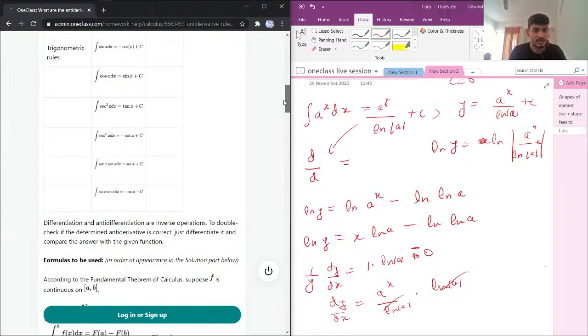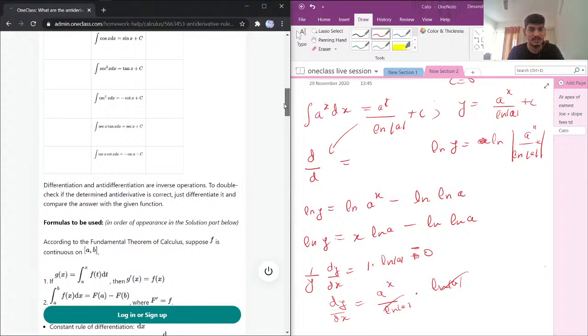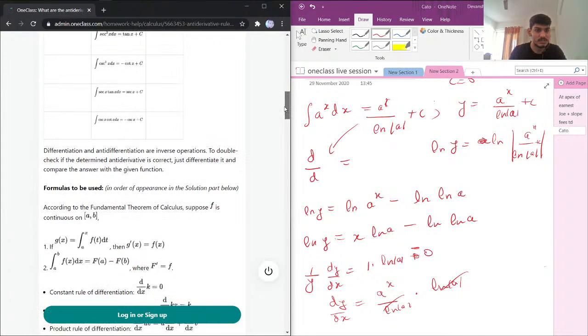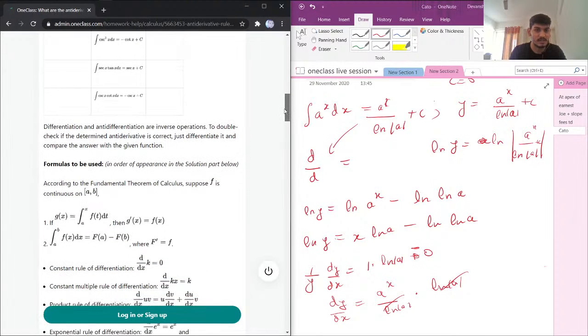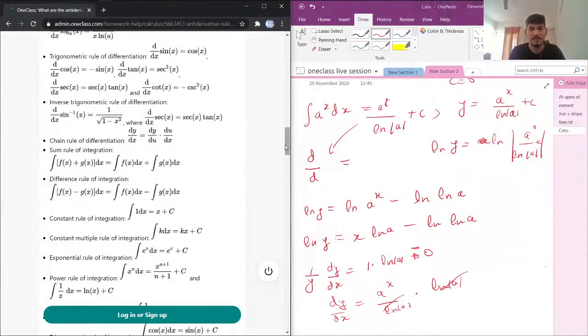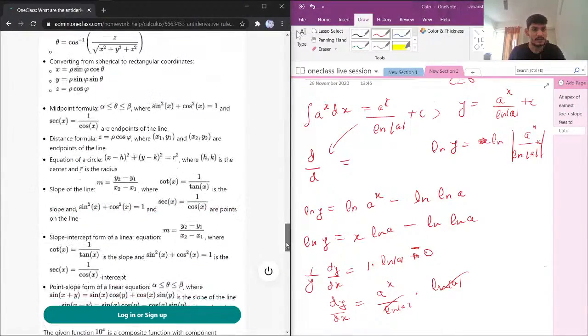And okay, this is also correct. Tangent is secant square, so the integral of secant square is tangent. Cosecant square is minus cotangent. Okay, secant x tangent x is secant x, and cosecant x cotangent x is okay. So all the rules are correct.